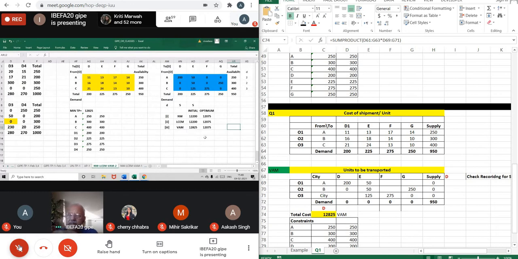In such a situation, we have to convert that unbalanced TP into balanced and then solve it.